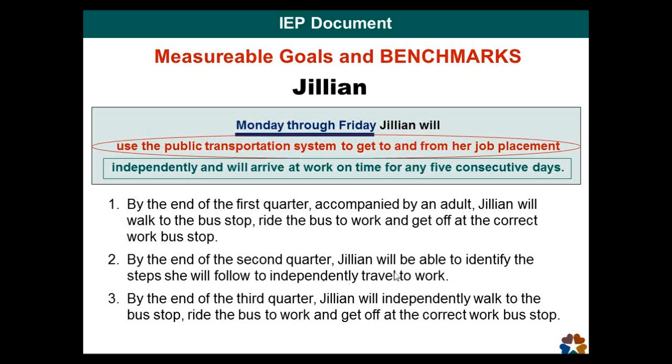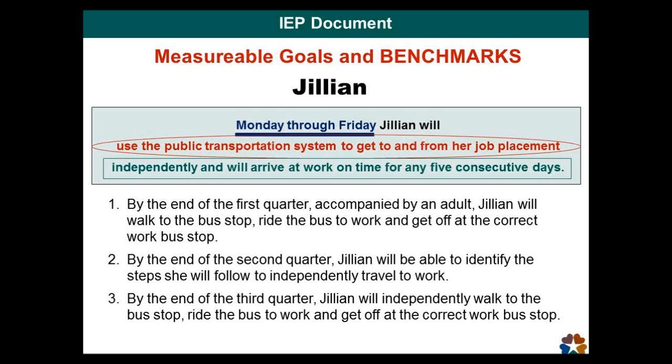Okay? And so she's obviously going to have to identify what those steps are, and she may need some assistance doing that. So then, by the end of the third quarter, we're hoping that Jillian will independently walk to the bus stop, ride the bus to work, and get off at the correct bus stop.